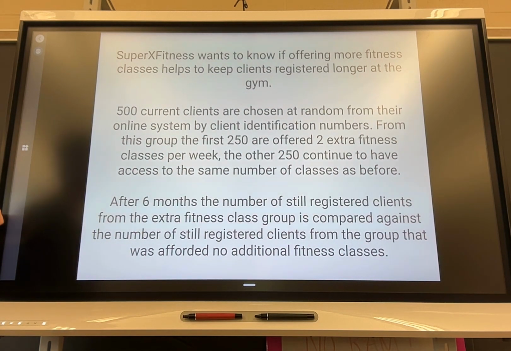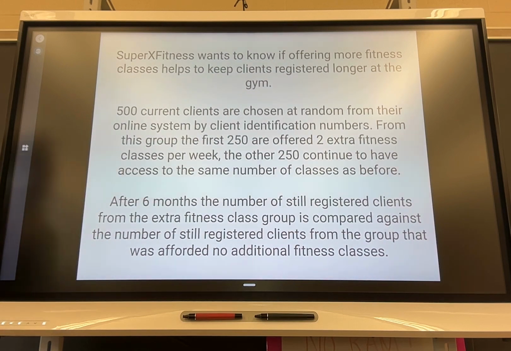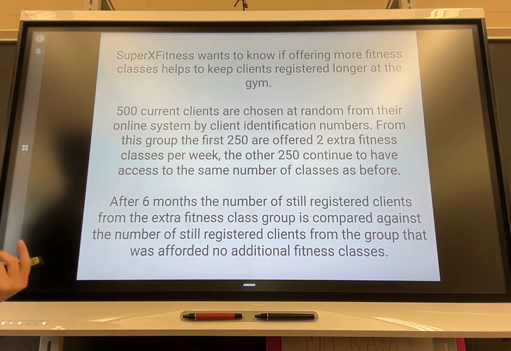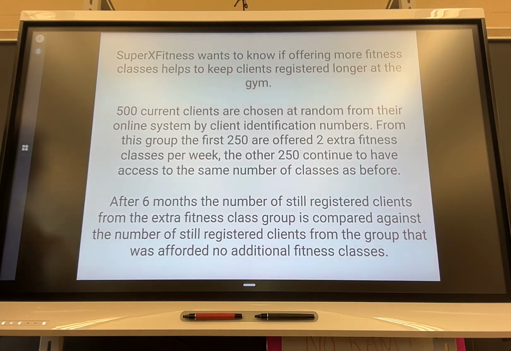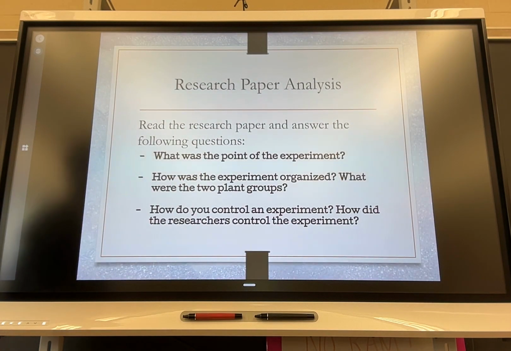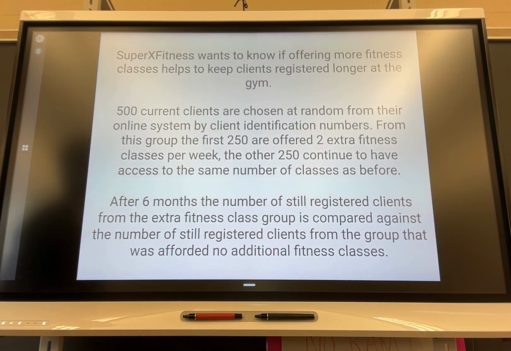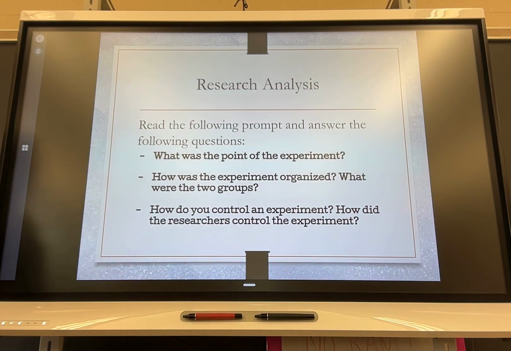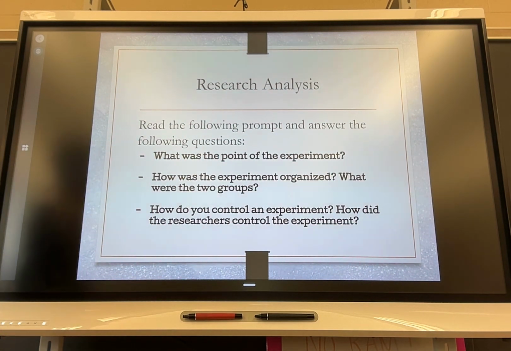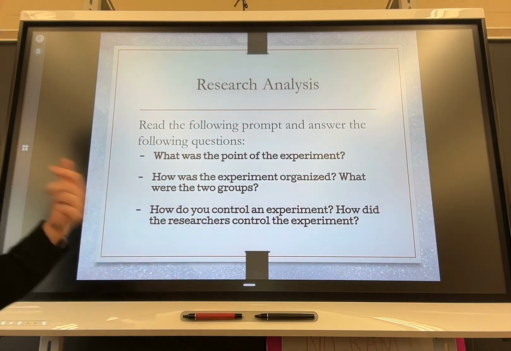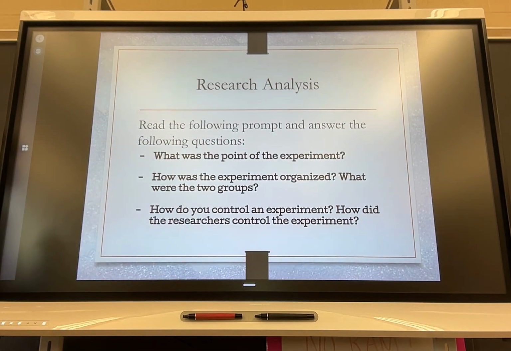And after 6 months, they analyze how many of the participants were retained and how those classes affected retention. So the point of the experiment was to look into retention. How can we keep people longer, and how can we advertise to keep people longer?